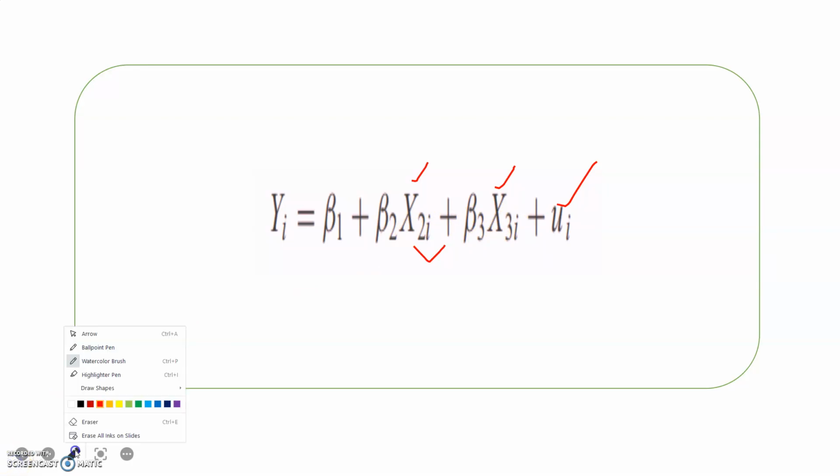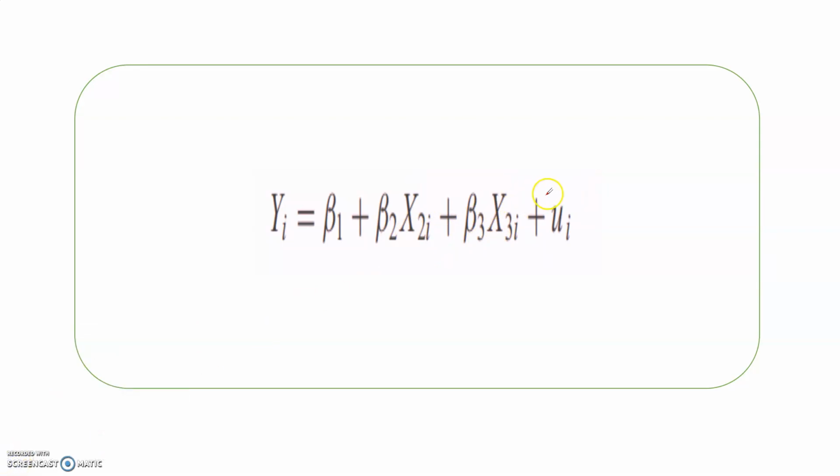The third assumption is that the mean value of u, the disturbance term, is 0. Given the values of x2 and x3, the mean value of ui is going to be 0. We can simply state it as the conditional mean of ui is equal to 0.